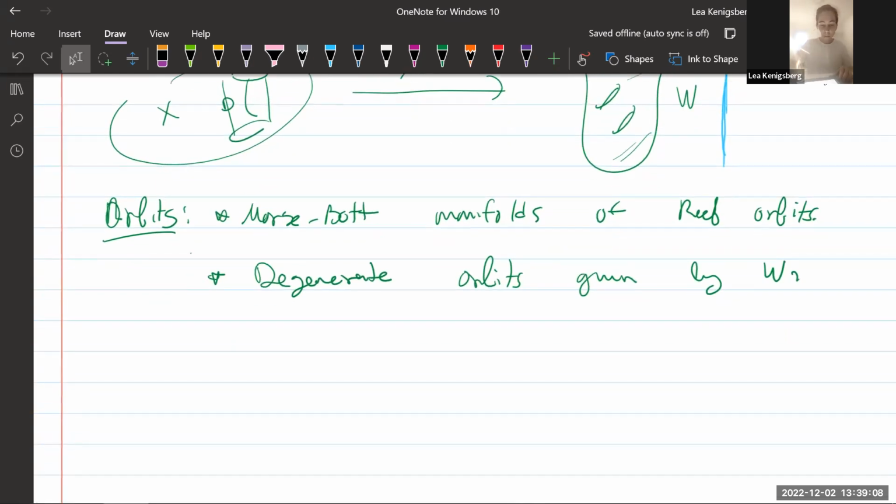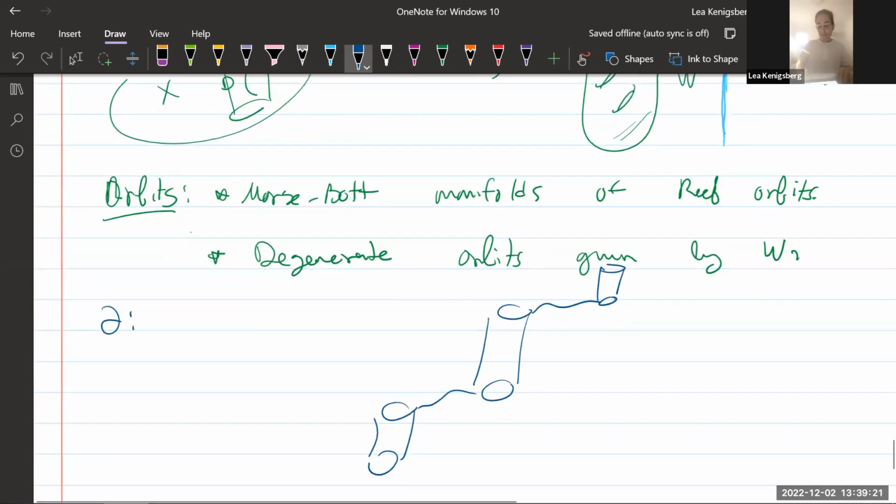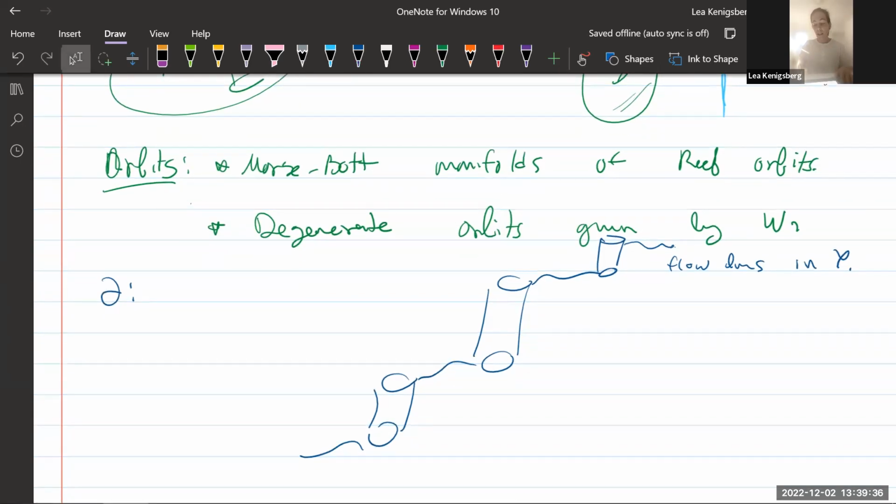So for the differential, you count some Morse-Bott cascades like this, where these flow lines are flow lines in Y. So you have to choose some perfect Morse functions also on Y, on D.